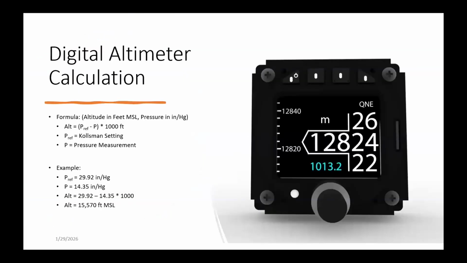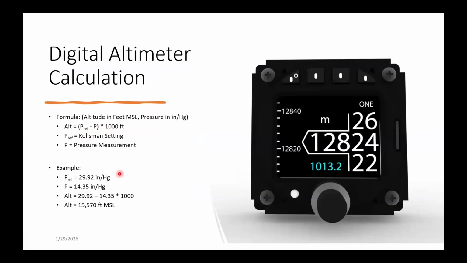As we look over at the digital altimeter, the formula for it is you have a reference pressure minus your measured pressure, and then this is times 1,000 feet, and this is all done in U.S. measure. Now the reference pressure that you're using is your Kollsman setting, okay?